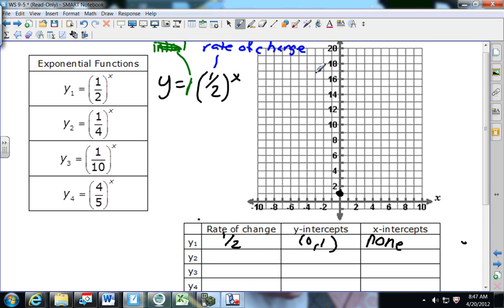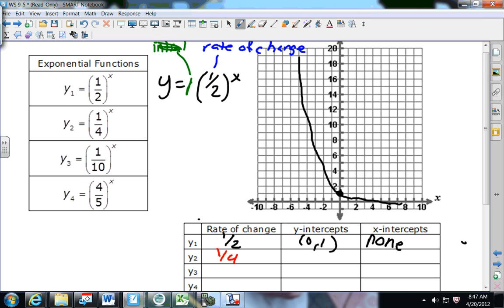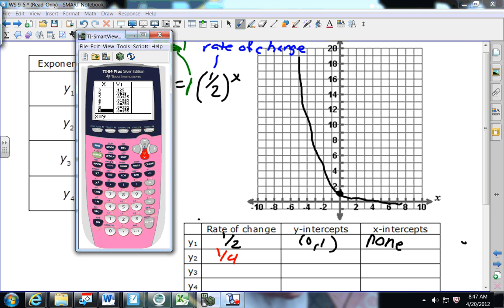All right, so now, I'm going to draw my line. It's not quite touching there. 1/2, I'm going to go up. It would be better if I had more exact points, but we'll estimate right now. Then go into 1/4. First off, my rate of change is 1/4. What are you thinking the y-intercept is?